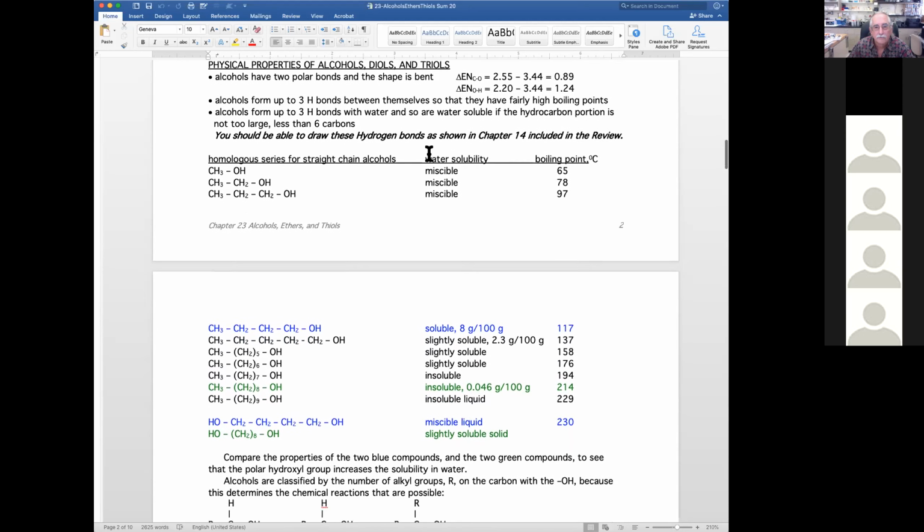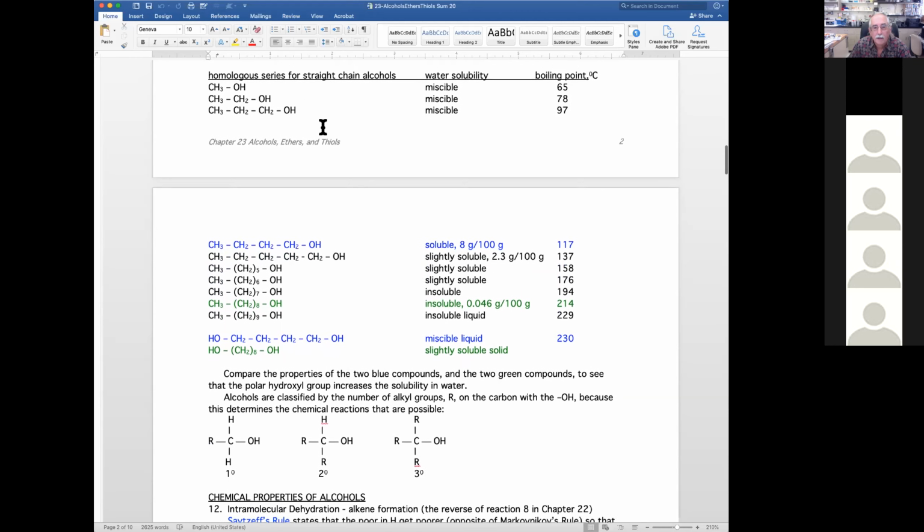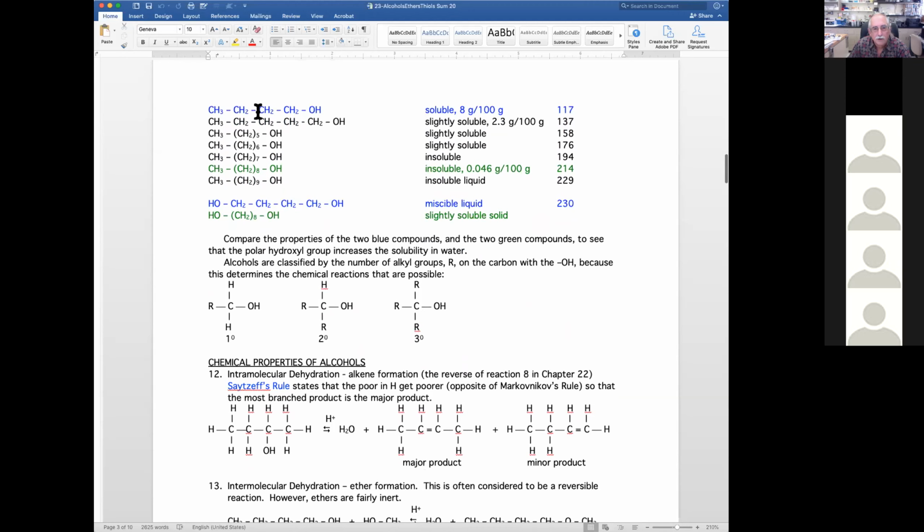And so just to give you an idea of their solubility, methanol, ethanol, propanol are miscible. That means you cannot get a saturated point. So here you see the boiling points go up simply because of the mass effect, right? They're getting sequentially bigger. Then you get to butanol, which, by the way, stinks.